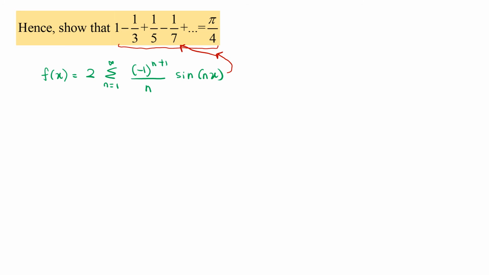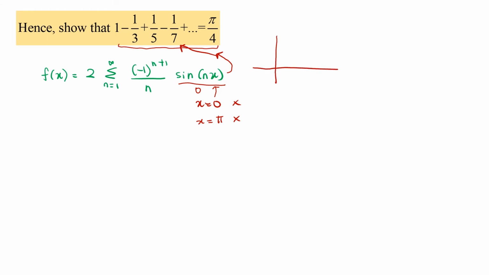So let's say we choose x equals 0. When you substitute x equals 0, sine of n x will be equal to 0, so you cannot choose x equals 0. And also you cannot choose x equals pi, because when x equals pi, sine of n pi is also equal to 0.